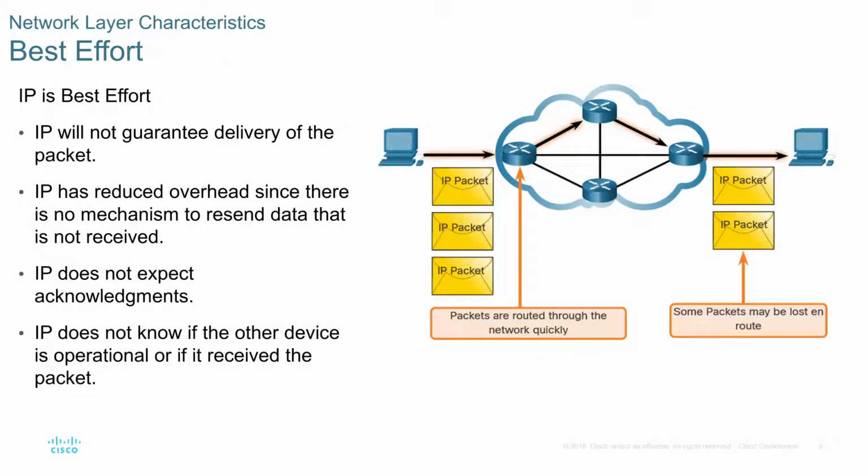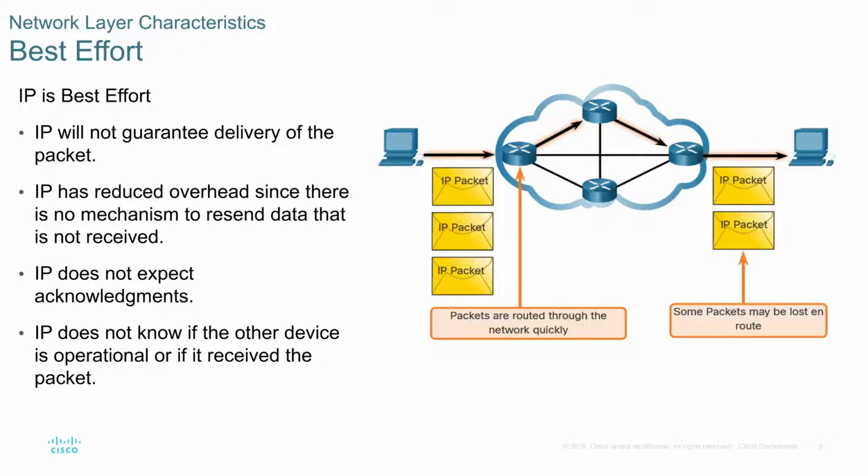IP is a best effort. It does not guarantee the delivery of the packet. Other protocols do that, such as TCP. IP has reduced overhead since there is no mechanism to resend data that is not received. That is another part of TCP at layer 4.